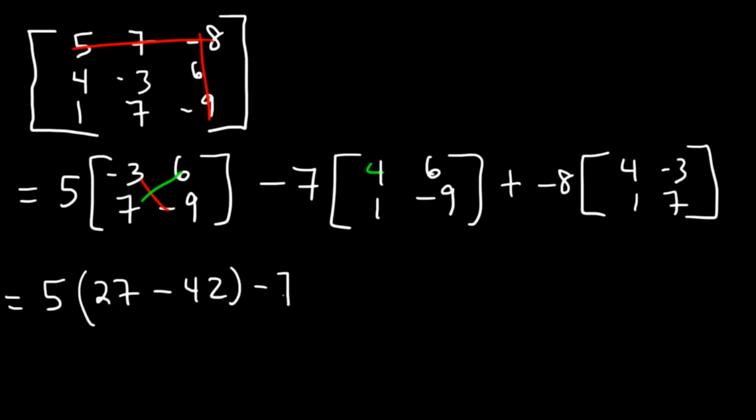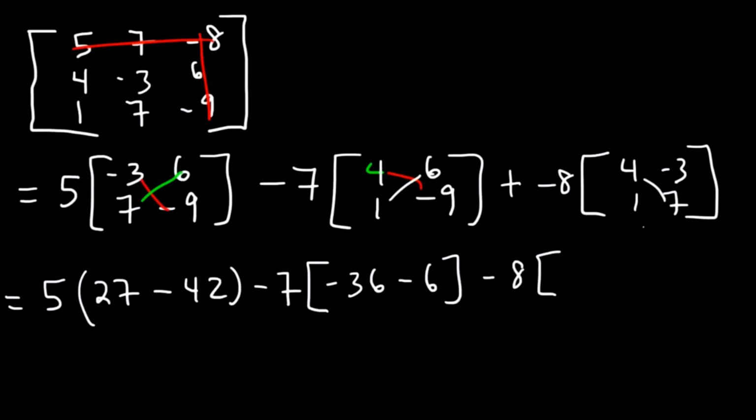And then it's going to be negative 7 times 4 times negative 9, that's negative 36, minus 6 times 1, which is 6. And then this is going to be minus 8. 4 times 7 is 28. And then 1 times negative 3 is going to be minus negative 3.